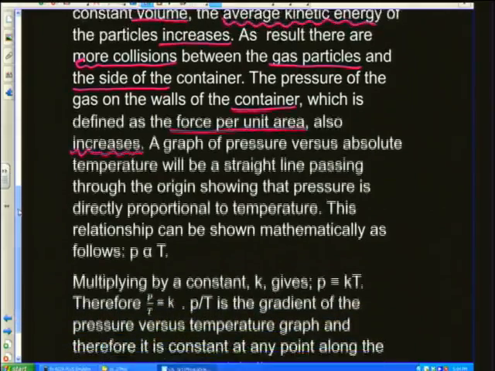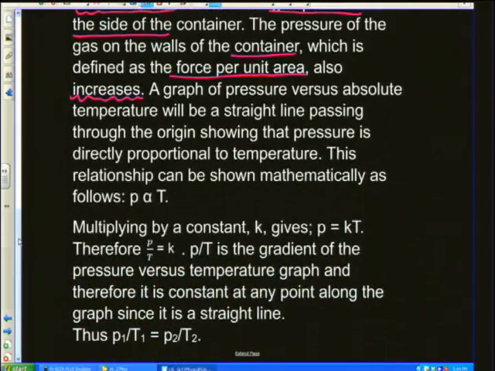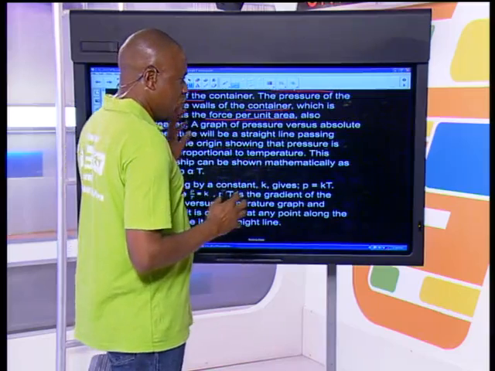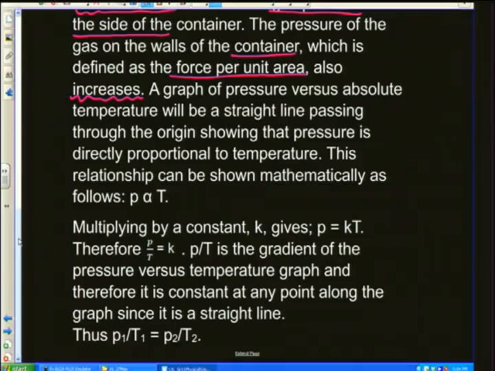Now, because we are saying that the pressure will be directly proportional to the temperature, this would mean that we're going to have a graph of pressure versus absolute temperature, which will be a straight line passing through the origin, showing that pressure is directly proportional to the temperature.